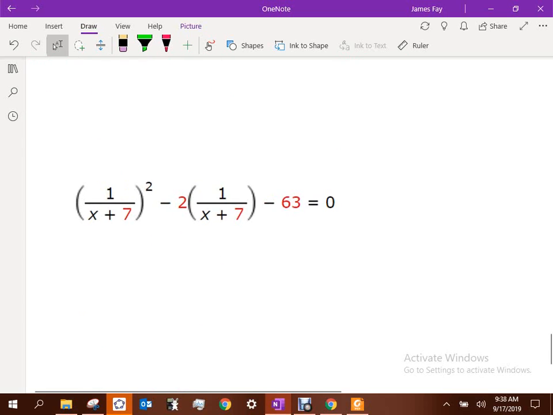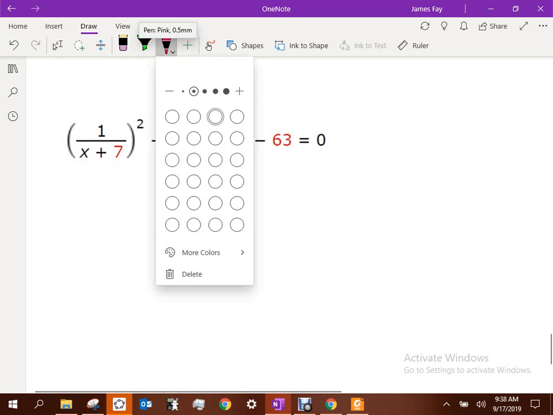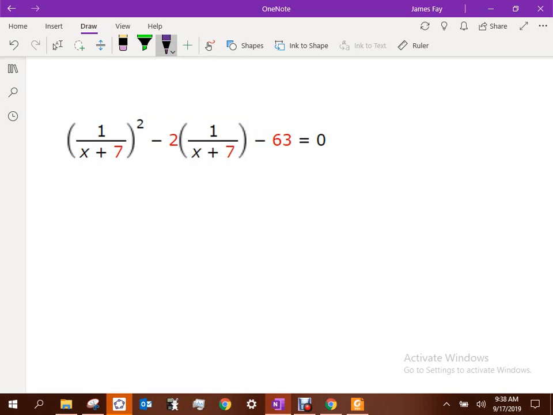This one here, so this was 32. Would you agree that that thing right there is exactly the same as that thing right there? So let's do this.